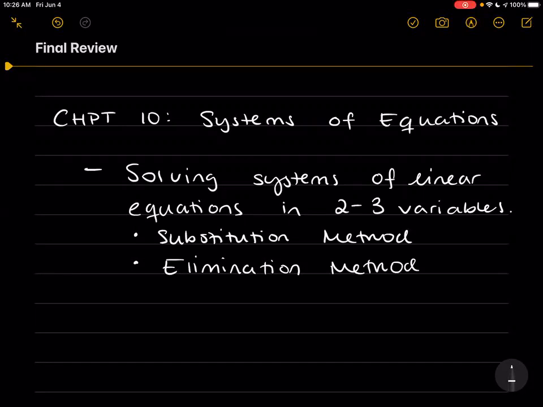We were particularly interested in the elimination method because it generalized nicely to elementary row operations when we were using matrices, which was actually what we talked about next. We talked about using matrices to solve systems of linear equations.